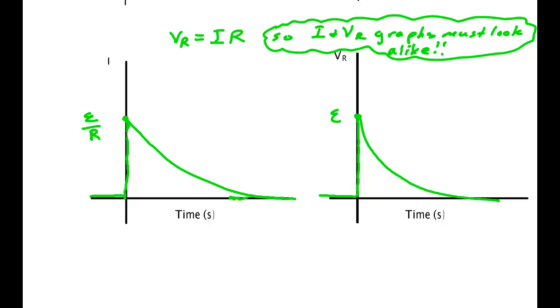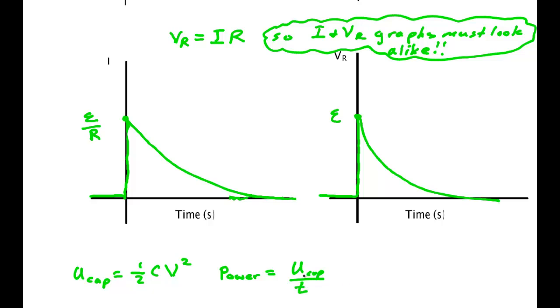And I remind you that the capacitor's energy, U, is proportional to 1/2 CV squared. So if you change V in no time, you change the energy in no time. But the power would be equal to the energy over the time.